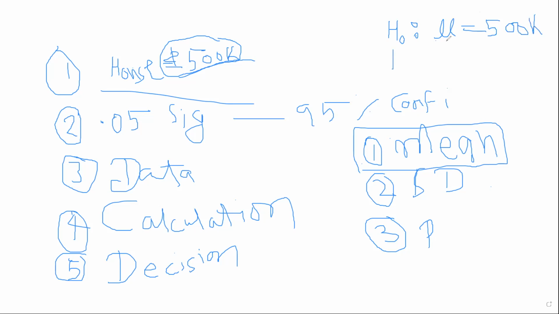The alternative, I'm just giving one example, is written H1 or HA. Either way, some books write H1 and some write A, so you can use any symbol. Mu not equal to 500K.